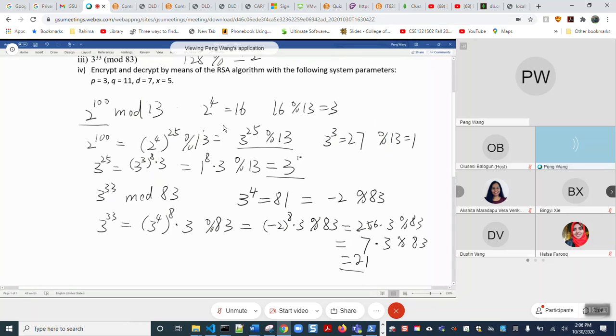How did you get 7 from? This 7 is from 256 mod 83.